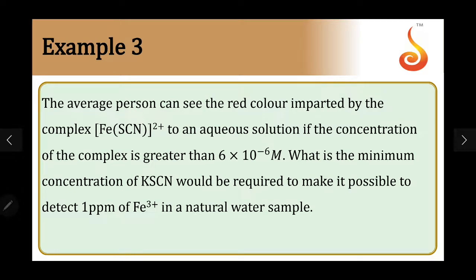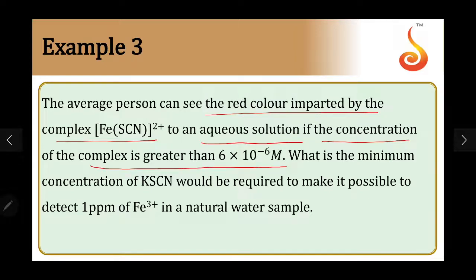We go to the third question. The average person can see the red color imparted by the complex in an aqueous solution if the concentration of the complex is greater than 6 into 10 to the power minus 6. So what is the minimum concentration of thiocyanate that should be maintained in order to detect the presence of 1 ppm of Fe3 plus in a natural water sample?